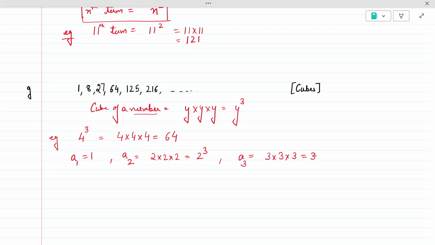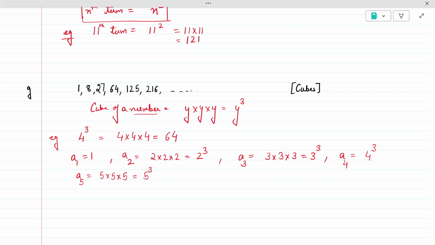So at the third position we have the cube of 3. Similarly, at the fourth position we have 64, which we just found out. So at A4, the fourth position, we have 4 cube. Similarly, at A5, the fifth position, we have 5 multiplied by 5 multiplied by 5, that is 5 cube.